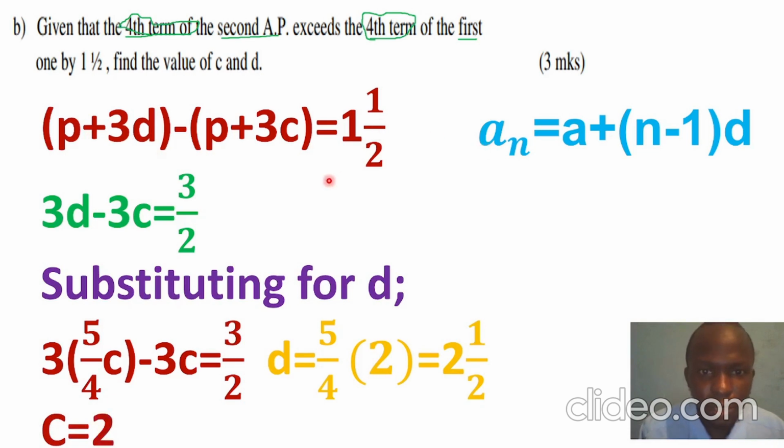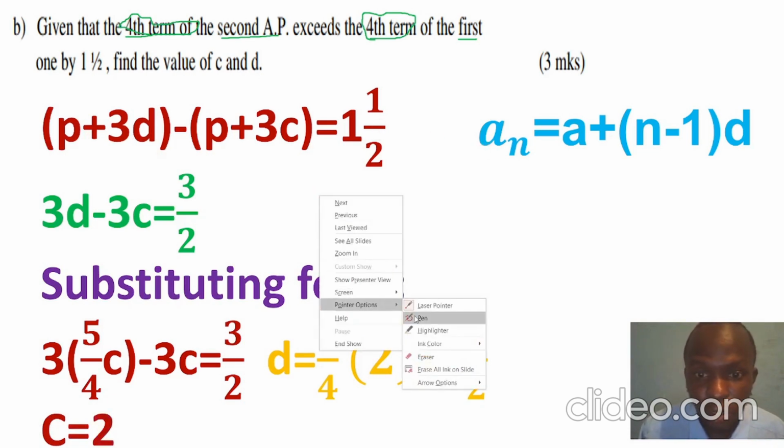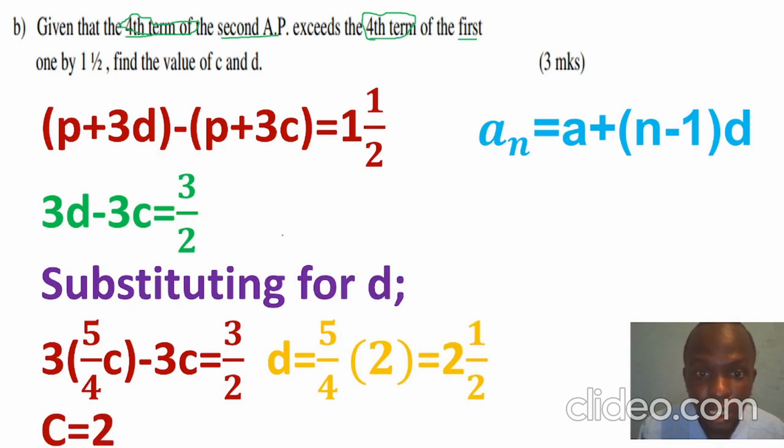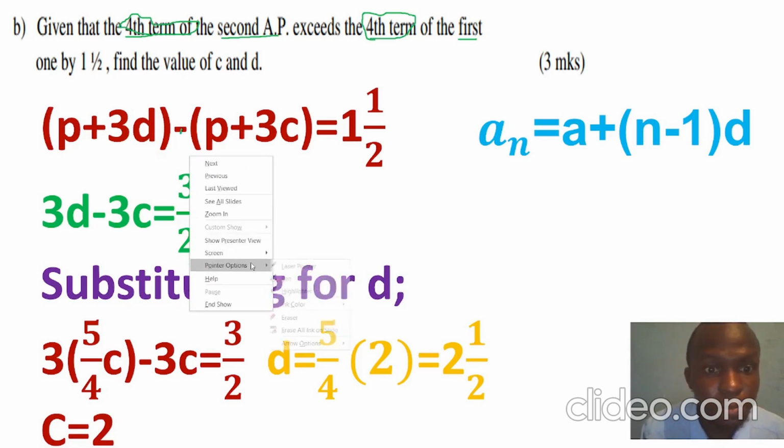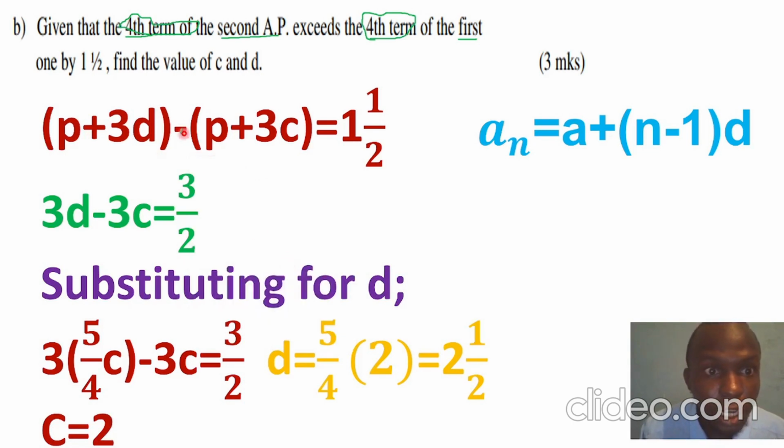Now let me just briefly explain how these calculations were arrived at. Now this negative multiplied by this negative becomes positive, so you need to be very careful with that. And then when we collect the like terms together, it boils down to 3D minus 3C is equal to 3 over 2.